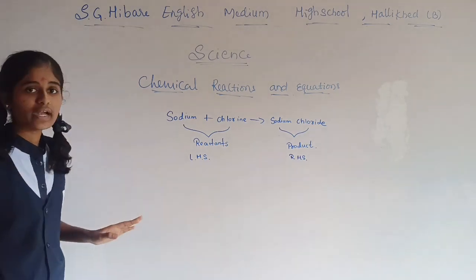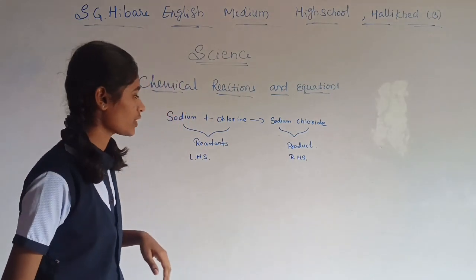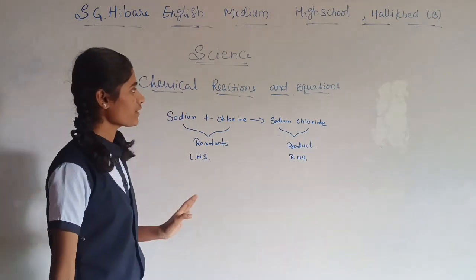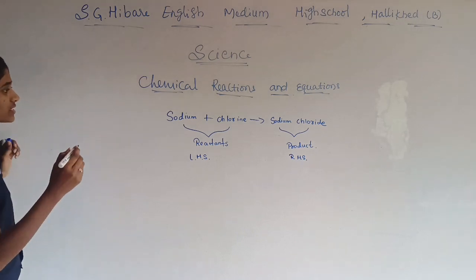Now how do we know whether a chemical reaction has taken place or not? If a chemical reaction has taken place, then there will be some changes. What are the changes?